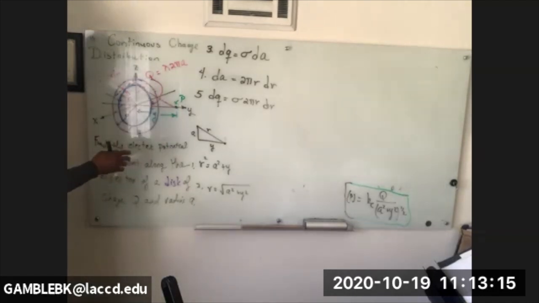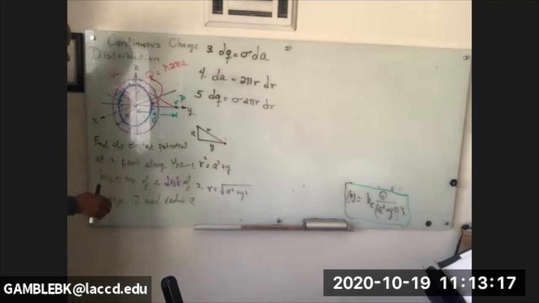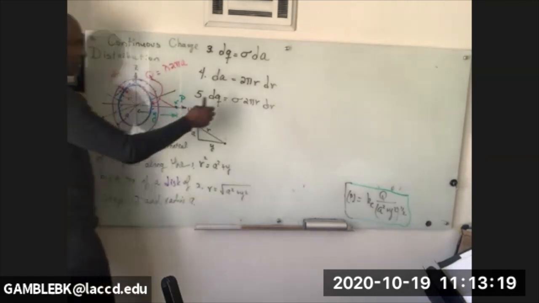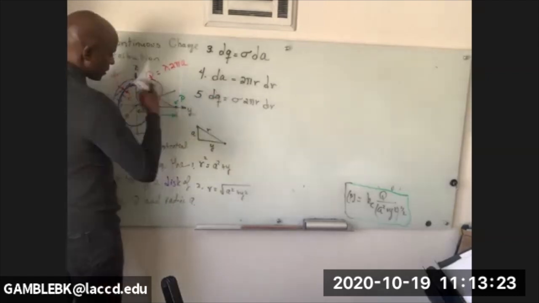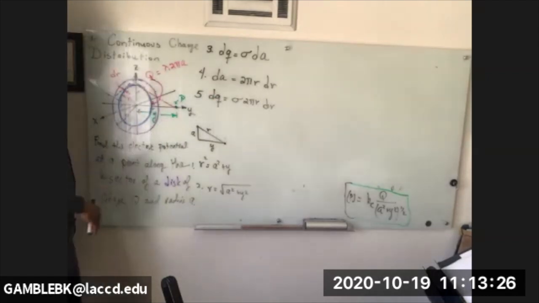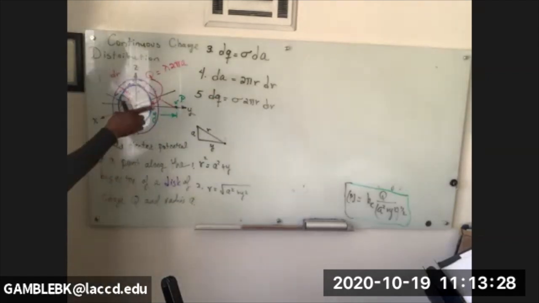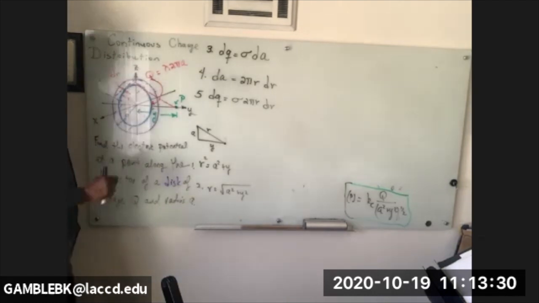But this way, we imply that we've taken the area of that whole thing because the 2 pi r is implied, and so we've converted a double integral to an integral of a single variable, the variable being r in this case.